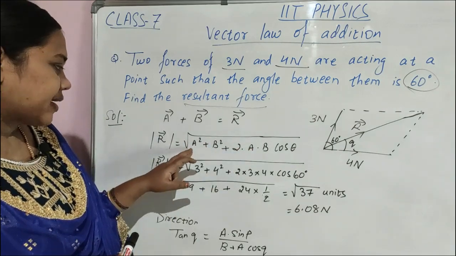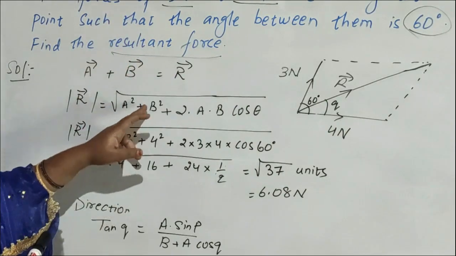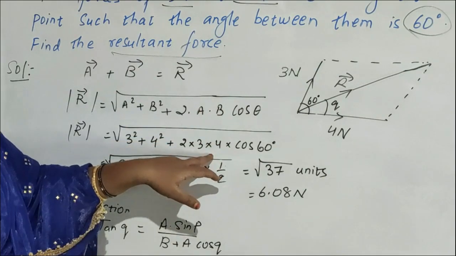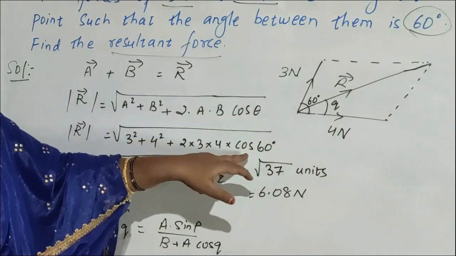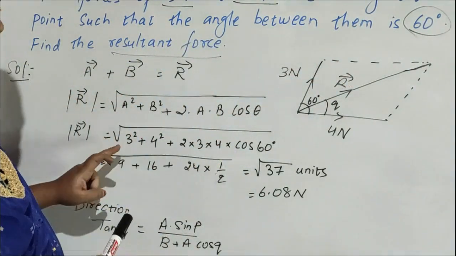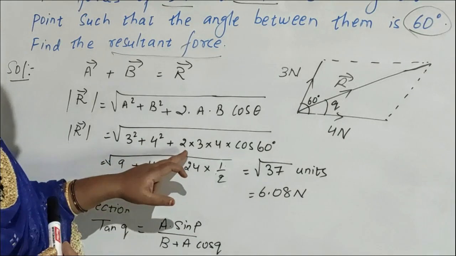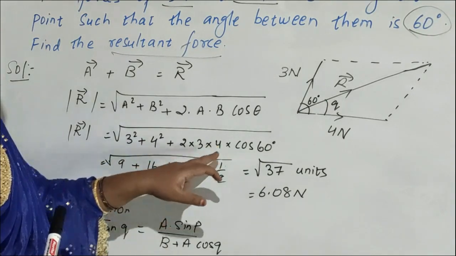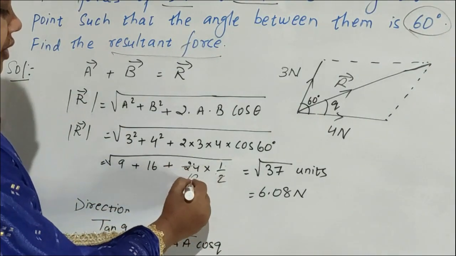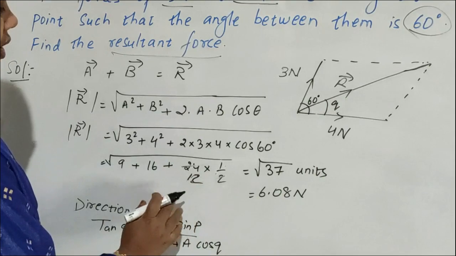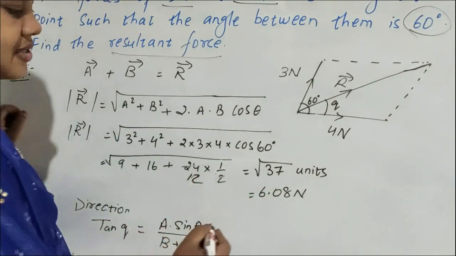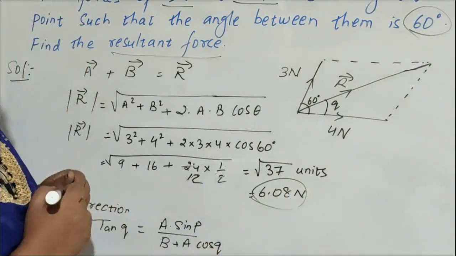First vector A is 3 Newton, so 3 square, second vector B is 4 Newton, 4 square, plus 2 into 3 into 4 into cos 60 degrees, since the angle between them is 60 degrees. 3 square is 9, 4 square is 16, 2 into 3 into 4 is 24, and cos 60 is half, so we cancel the 2 and get 12. Calculating overall, we get root 37 units.